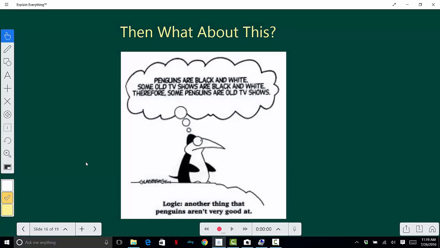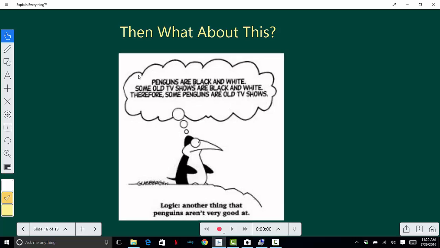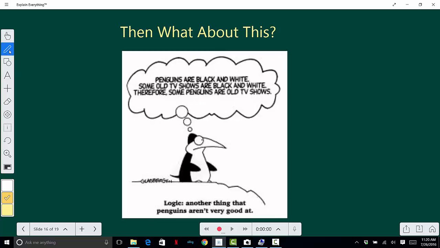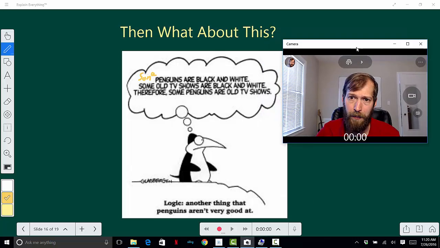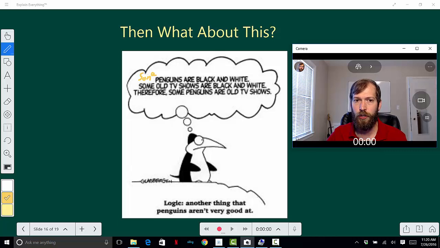We can look at an even more obvious example. Let's change this a little bit to some. Given the explanation that I just gave you for why that previous argument was bad, notice that the argument that this penguin is giving here takes the very same form, given how I've modified it.